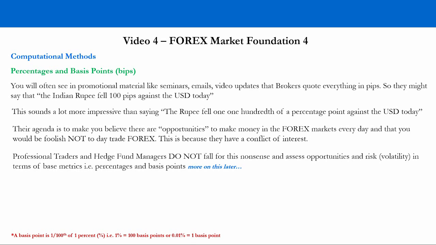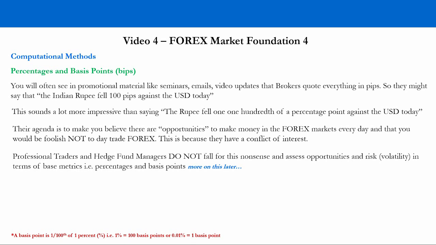And that's, as we know, because they have this structural conflict of interest. Professional traders and hedge fund managers don't fall for this nonsense and assess all opportunities and risk by assessing volatility. The only way you can assess volatility on a level playing field and on a comparable basis is to do it in base metrics, so in percentages and basis points.